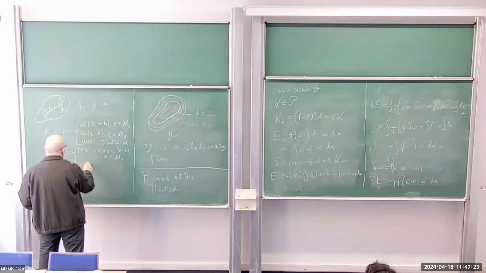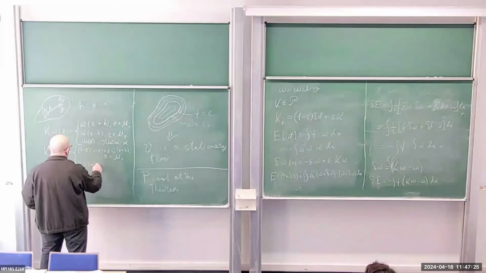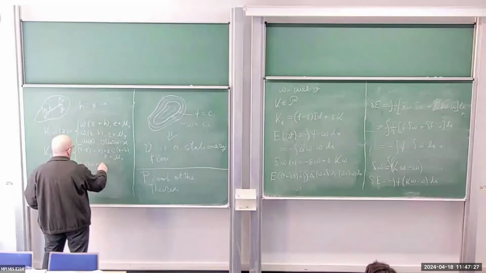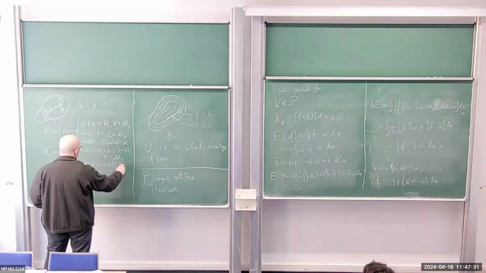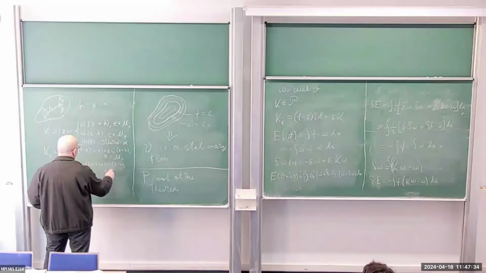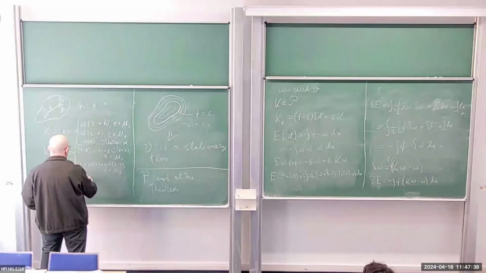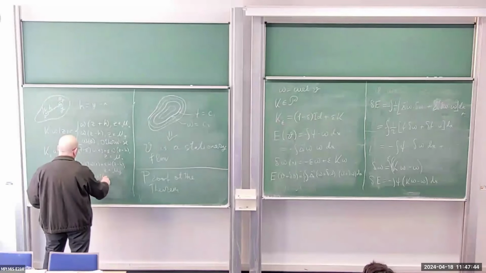And (1 minus epsilon) omega of Z plus epsilon omega of Z minus H if Z in My. And omega of Z otherwise.